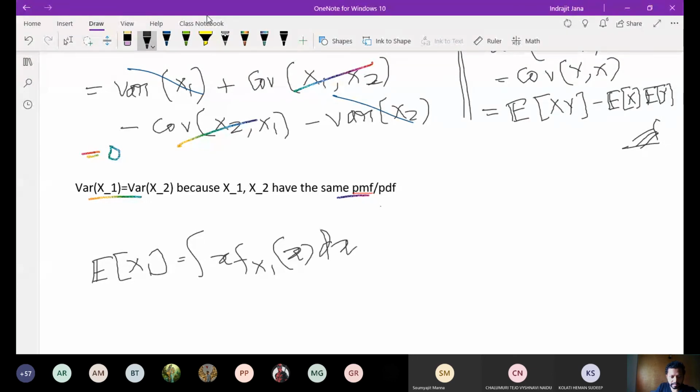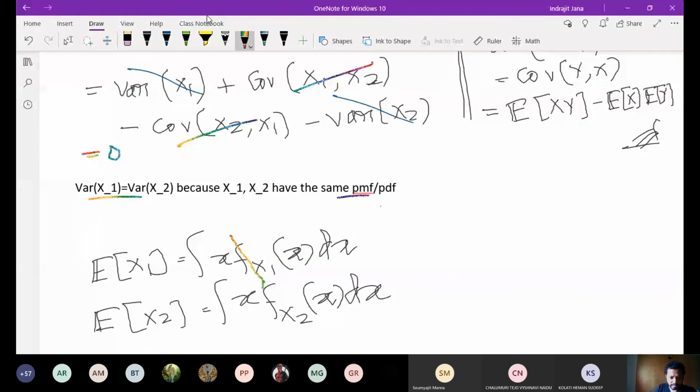Expectation of x2 is also the same: the integration of x against the PDF of x2 dx. Since x1 and x2 have the same distribution, these two integrations are going to be exactly equal to each other.